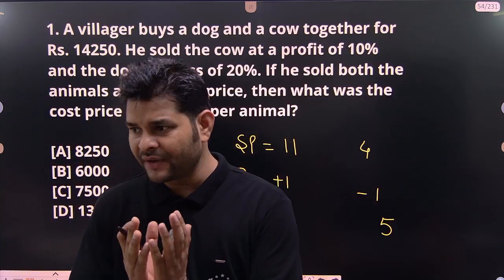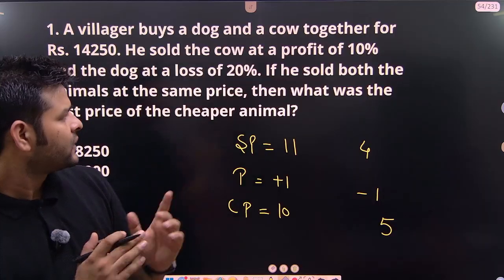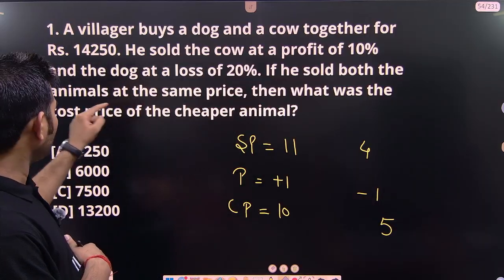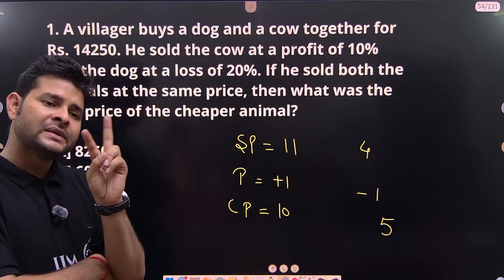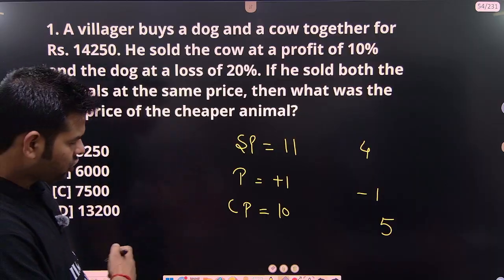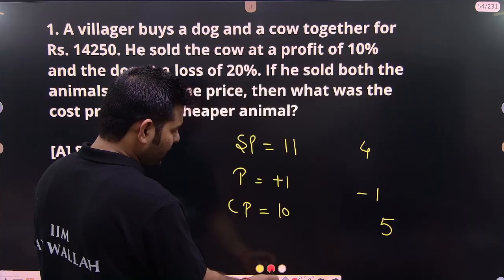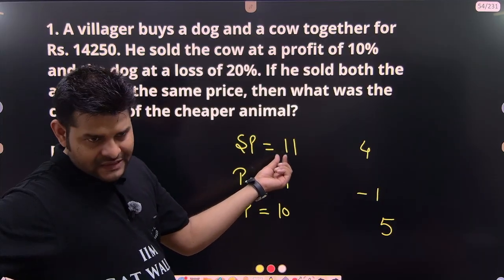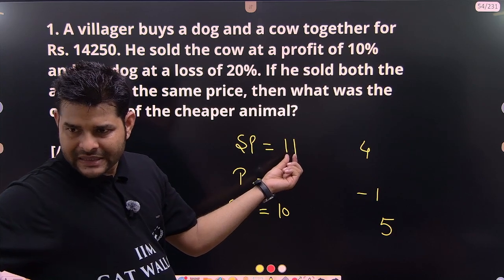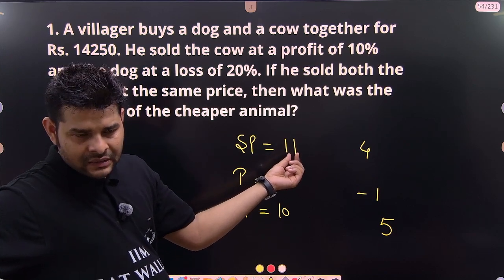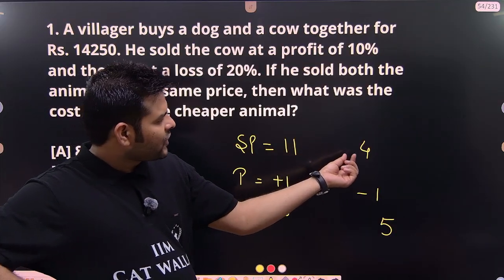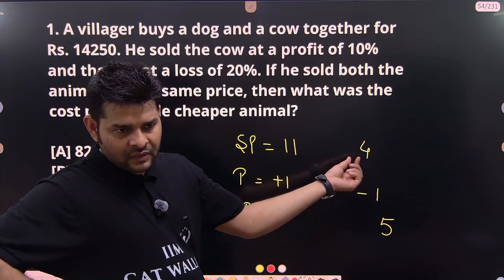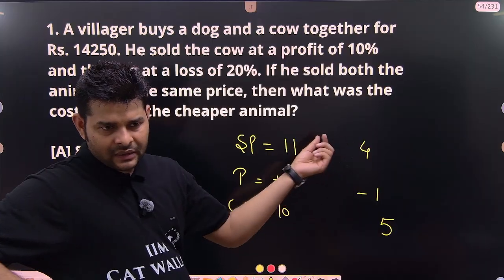The question is saying if he sold both the animals at the same price, so you need to make the selling price equal. So the price of the first item, the cow, and the price of the dog, you need to make equal.